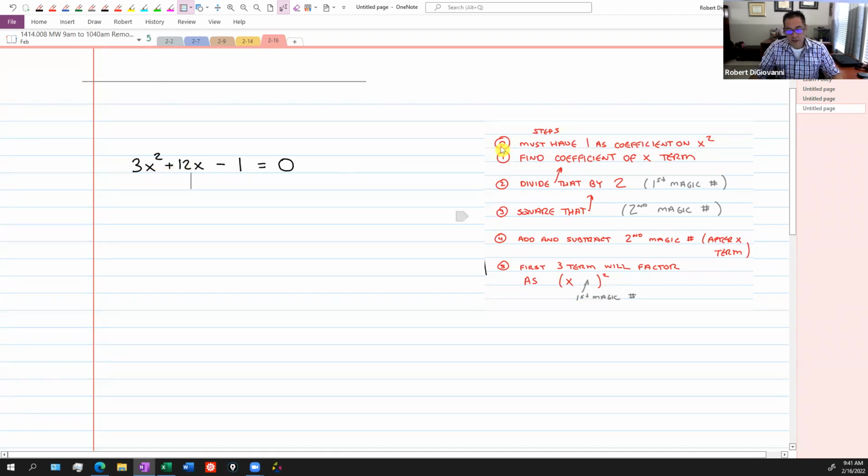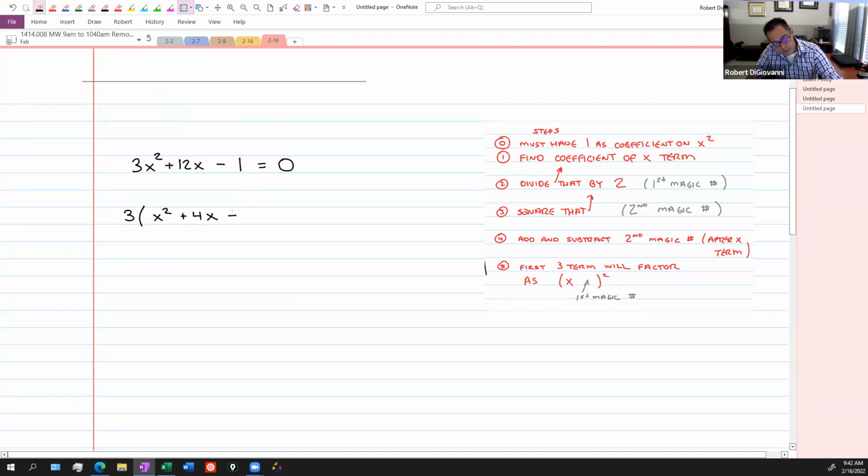So step 0, you must have a 1 as the coefficient on x squared. I don't, I have a 3. So what I'm going to do is pull a 3 out, factor out 3. When I pull 3 out of this, it becomes x squared. When I pull 3 out of this, I get plus 4x. Now, you can't pull a 3 out of a 1, can you? Or can you? You can. Watch.